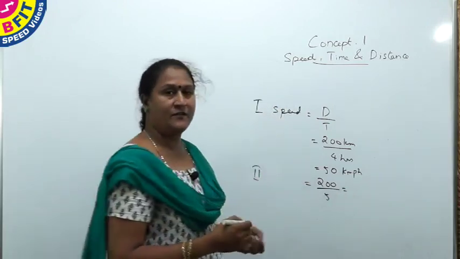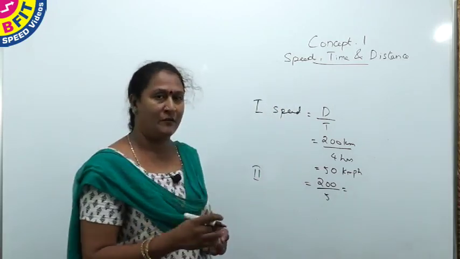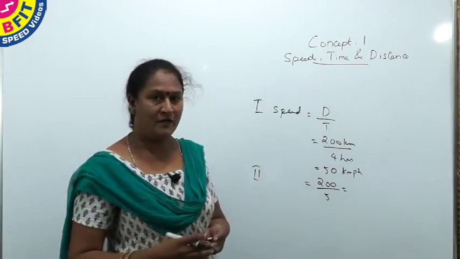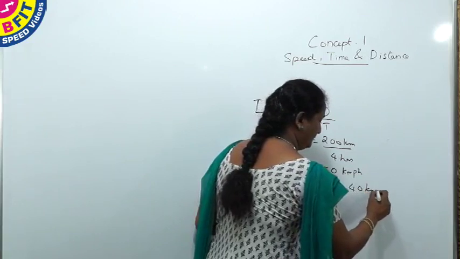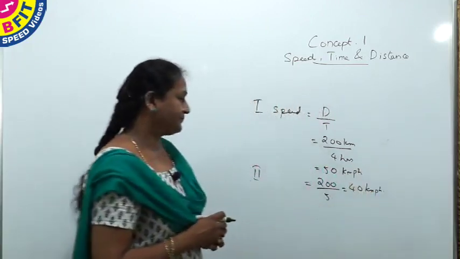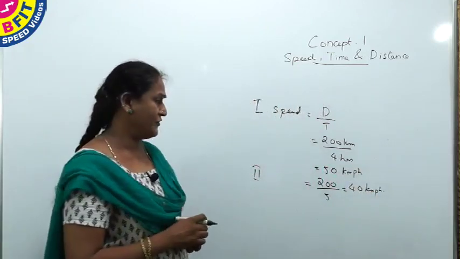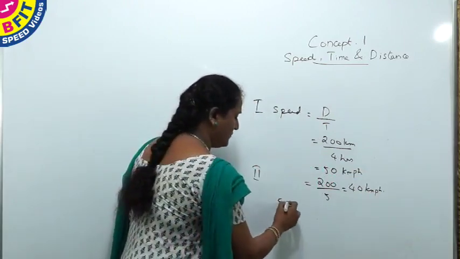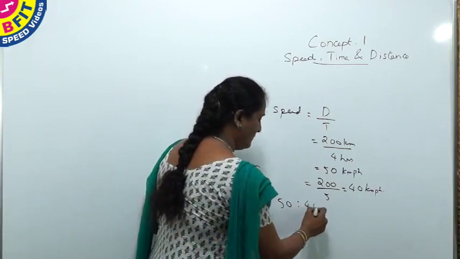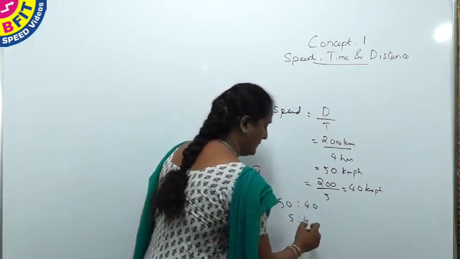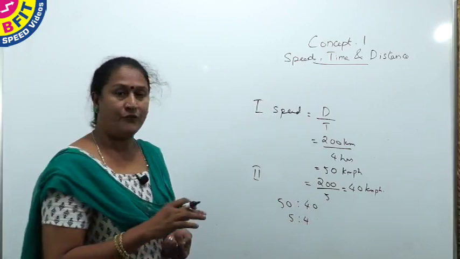Dividing this, we get 40 kilometers covered per hour. So speed is 40 kilometers per hour. Now to get the ratio of speeds, the first day speed is 50 and the second day speed is 40. By simplifying, the ratio is 5:4.